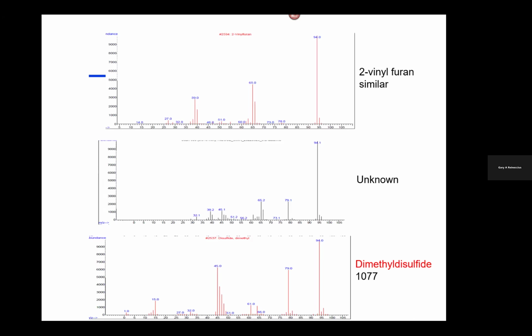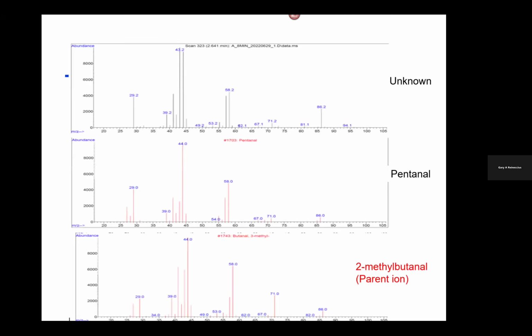And look at the other section, 45 peak here, a 65 is down here, that's a 66, 65, 79, 79. You would go along and say it is dimethyl disulfide. So, like I say, the machine does this, but you still need to have the ability to do that.